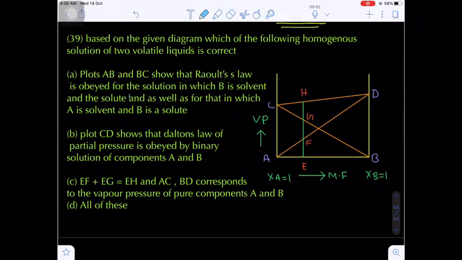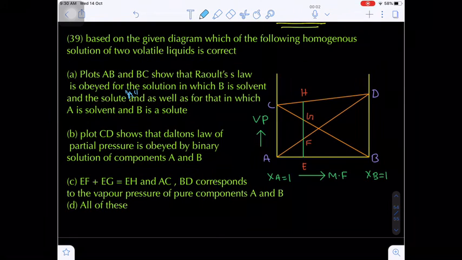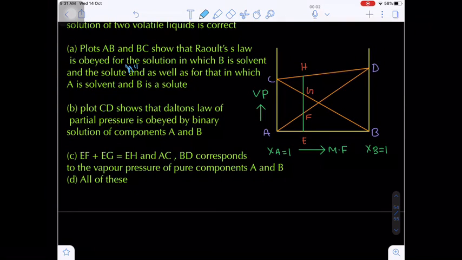Otherwise, A is the solvent and B is the solute. So you can take A as a solvent, B as a solute, otherwise A as a solute, B as a solvent. Are you getting my point? So that is the correct statement.